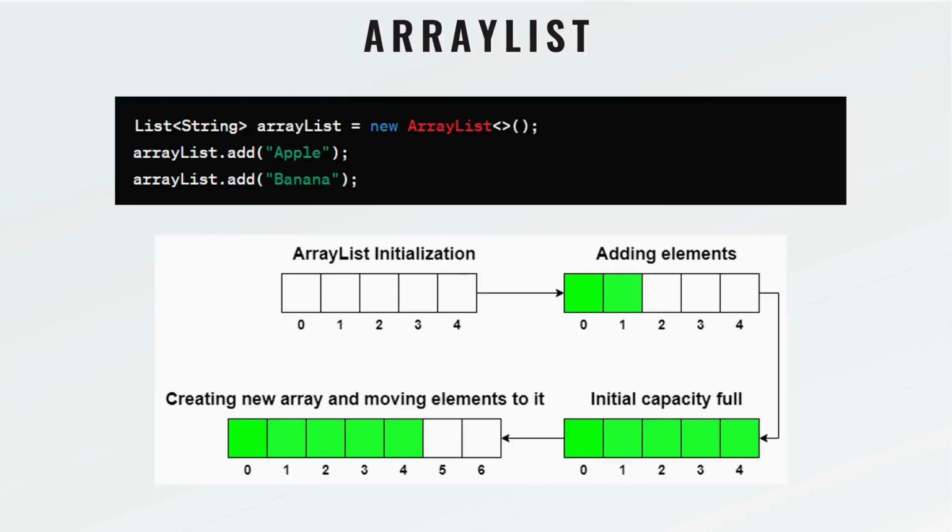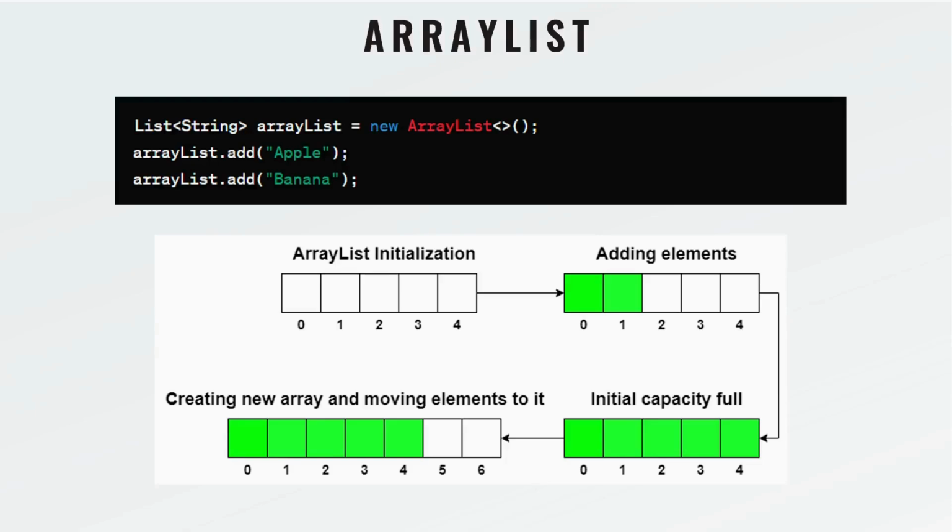So in our example, if the initial capacity was 5, the new array would have a capacity of 7, that is 5 plus 50% of 5. Then the ArrayList copies all the elements from the old array to the new array internally, ensuring that all the existing elements are preserved. This process of resizing the underlying array and copying elements happens automatically behind the scenes whenever the array reaches its capacity.